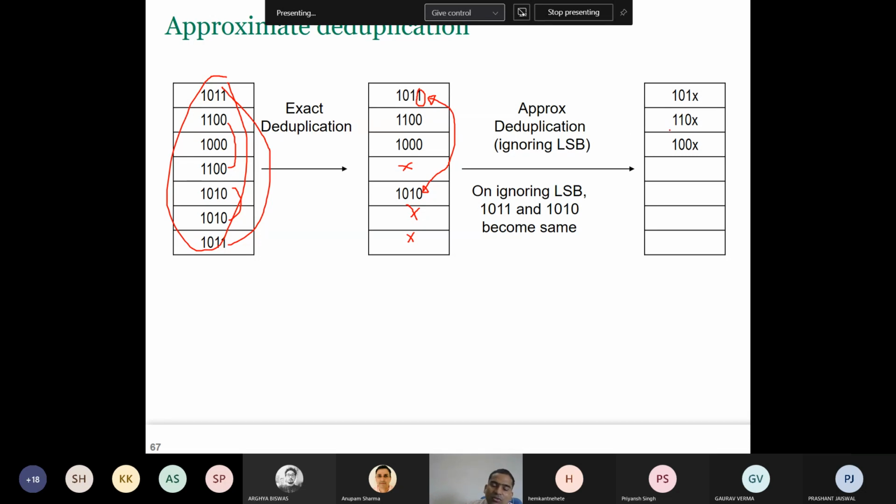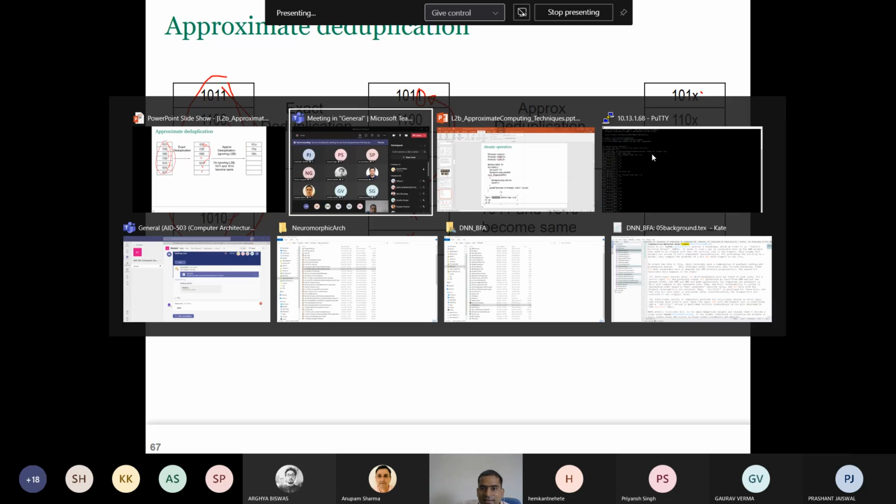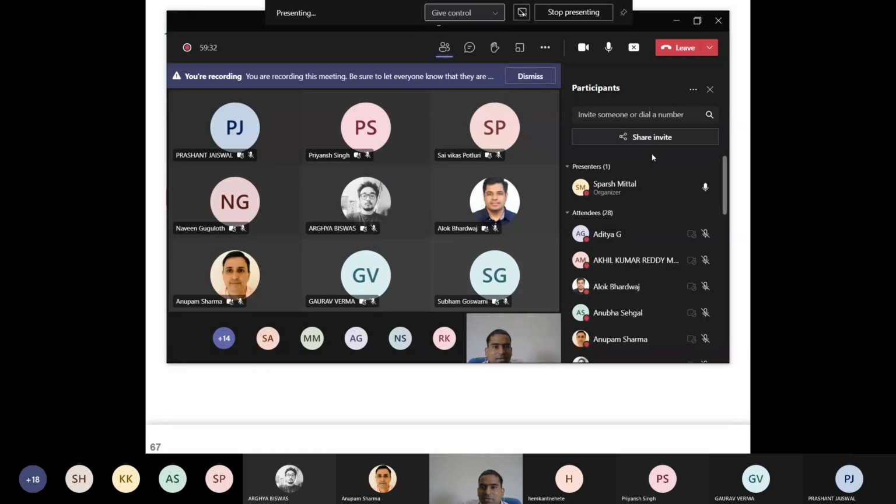Instead of 4 entries, it now has only 3 entries. I've written X to mean don't care. You could replace it by 0 or 1, it doesn't matter because we are not worrying about the LSB. So this is called approximate deduplication. Is it clear to everyone?